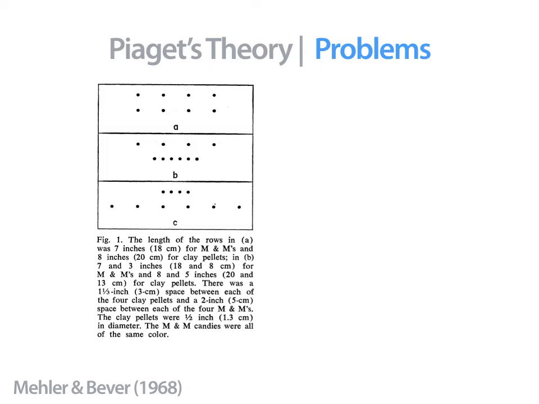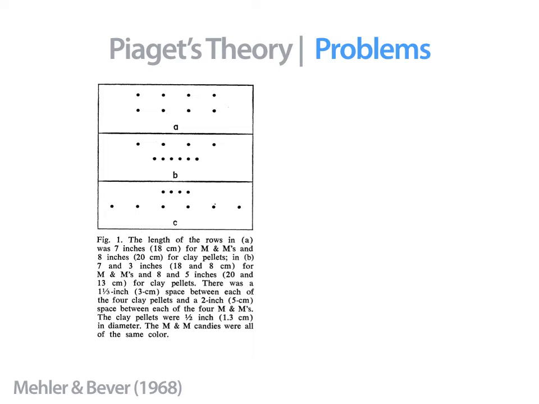The other is a situation where you put the number in conflict with the length in B and C. In B, the item that is more dense has more objects, and in item C, the object that is less dense has more objects.